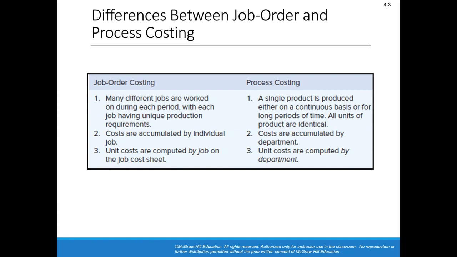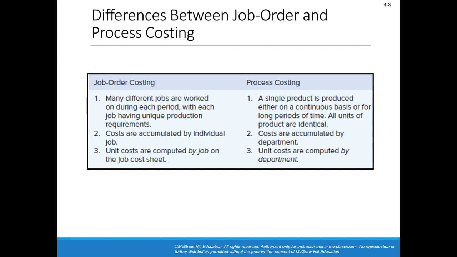And then we have process costing. Process costing is a single product that's produced either on a continuous basis or for a long period of time. All the material, all of the units are going to be exactly the same. We're not deviating. Maybe you're producing at the plant a bunch of pudding or tapioca, and it's all the same.